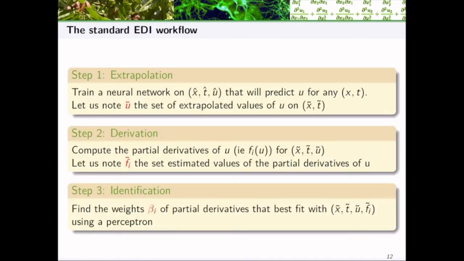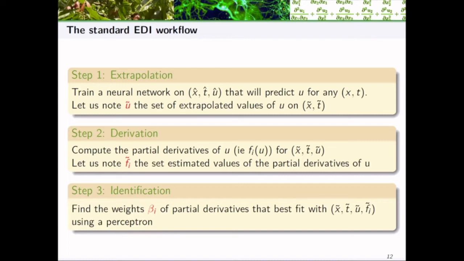In these 3 papers, all the methods follow the same 3 steps. First, we compute more values than what was measured. This is the extrapolation step. For this purpose, one can train a neural network and use it as a universal approximator. Of course, there may be many other ways to achieve this task.